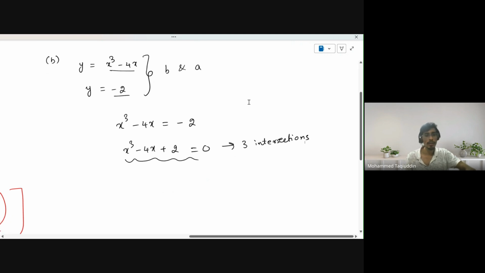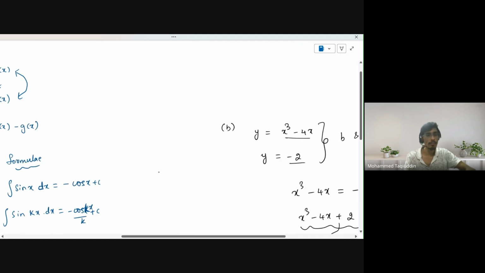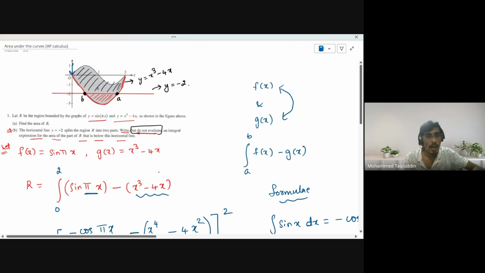I don't care about how many values I'm going to get for x, but I have to make sure that the value of x should be between 0 and 2, because at any point B and A, there will be an x coordinate and a y coordinate. So the x coordinates will be x1 and x2, and both will always lie between 0 and 2, right?